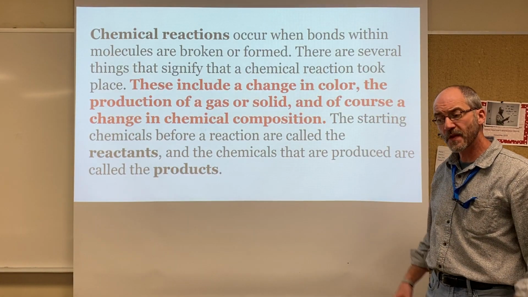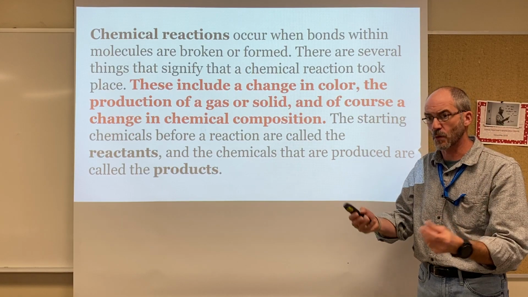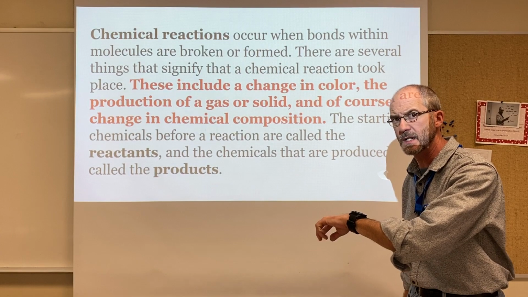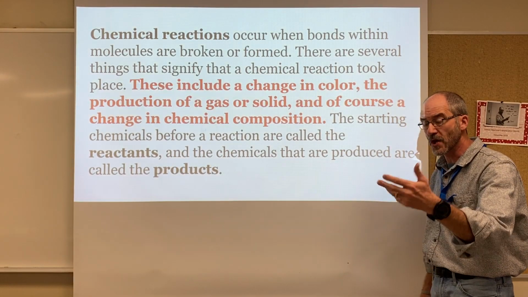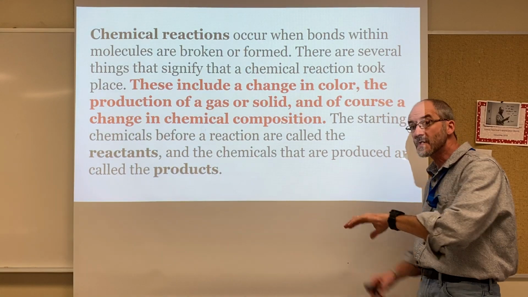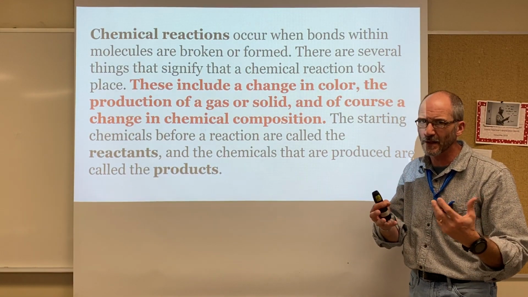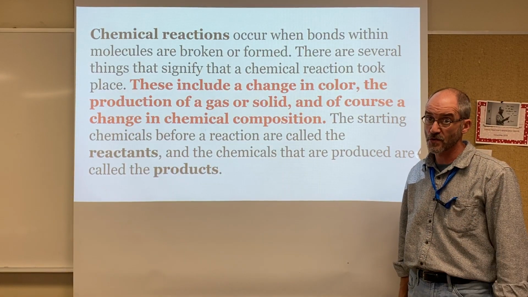Okay? So what's your barometer for measuring it? Well, if what you have at the end is what you had at the beginning, it's a physical change. If what you have at the end is not what you had at the beginning, in other words, different, it's still going to be the same elements and atoms, but if it is different, then it's going to be a chemical change.